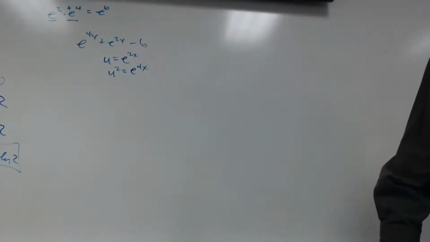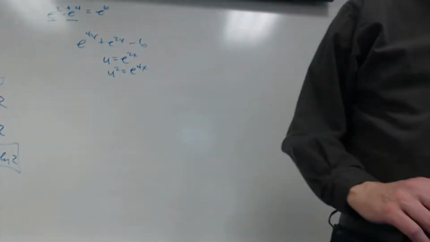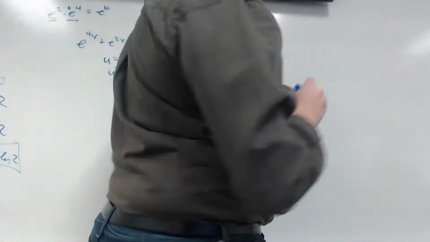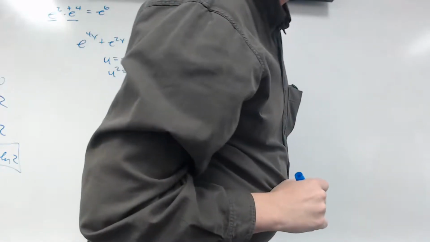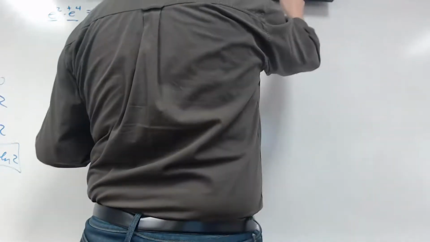Number 6. All right, number 6. Number 6, 7 to the x equals 6 to the x plus 7. That looks like it's in the exponent, right? Okay?